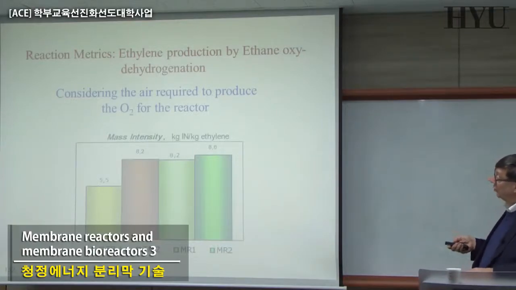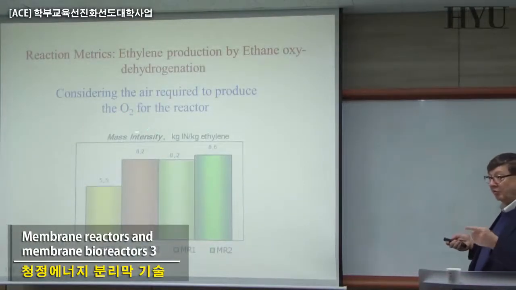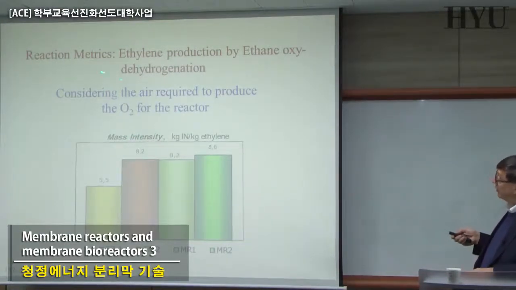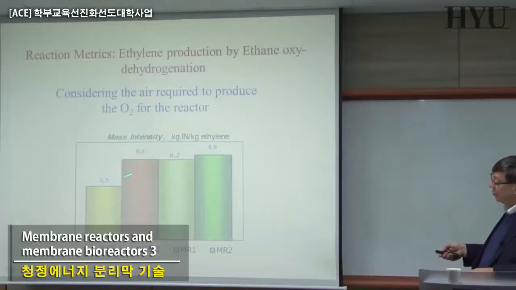And if you want the same kind of consideration related to the amount of air required to produce the oxygen necessary for the conversion in your reactors, here you have all the numbers for doing this kind of calculation. Again, the mass intensity for membrane MR1 and MR2 is quite interesting compared to the traditional one.